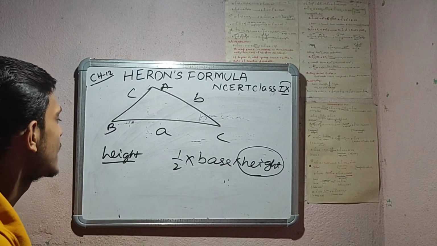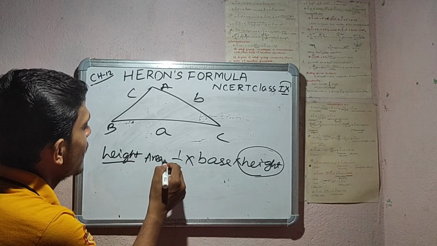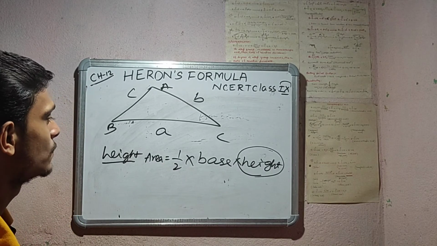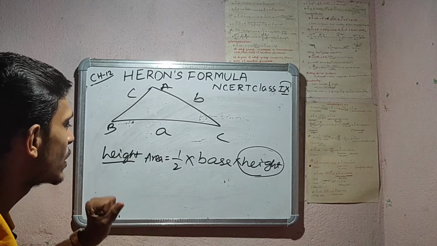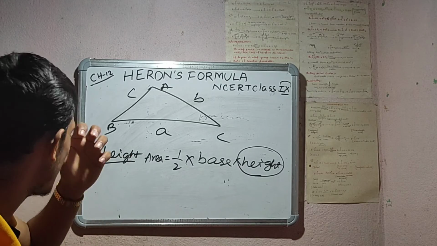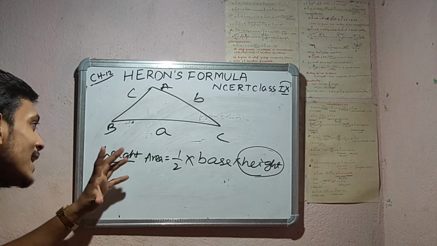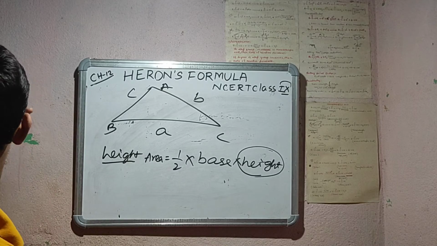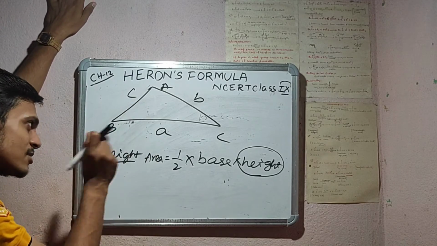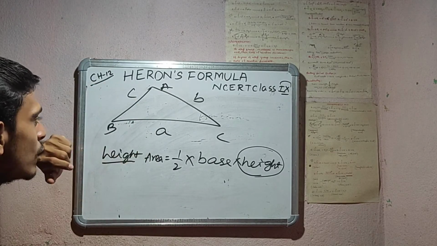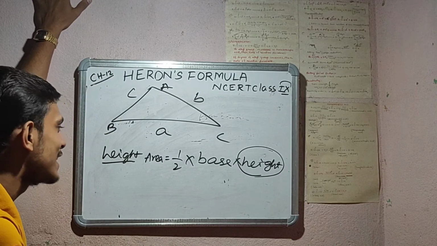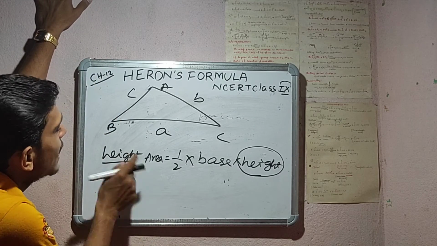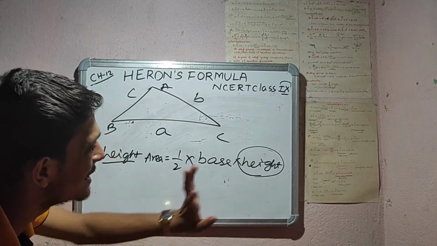So the area of the scalene triangle we cannot find easily. Okay. But in case of equilateral triangle, isosceles triangle, and right angle triangle, you can easily recognize the height. And by the formula, you can also calculate the height from the sides. But in case of scalene triangle, you cannot find height easily.